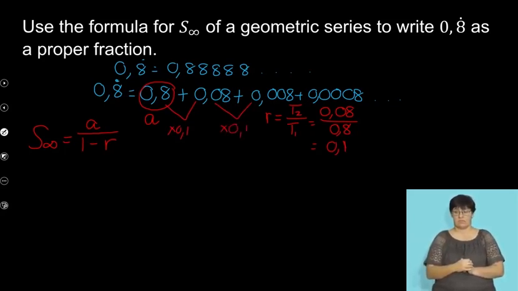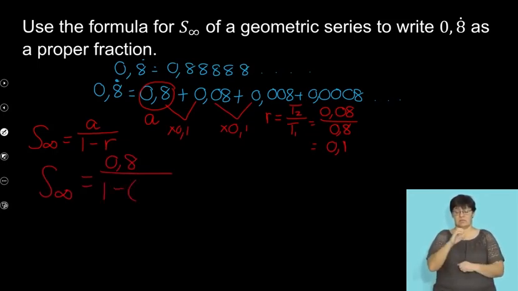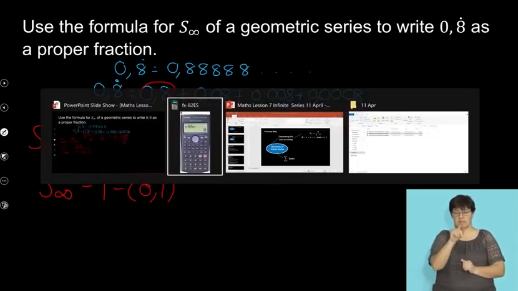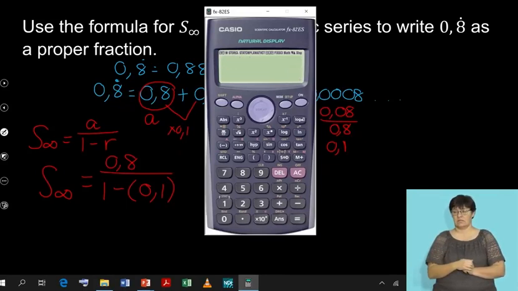If I substitute into the sum to infinity formula, a is equal to 0,8. I'm then going to put this over 1 minus my ratio, which is 0,1. Let's put this into my calculator: 0,8 over 1 minus 0,1.